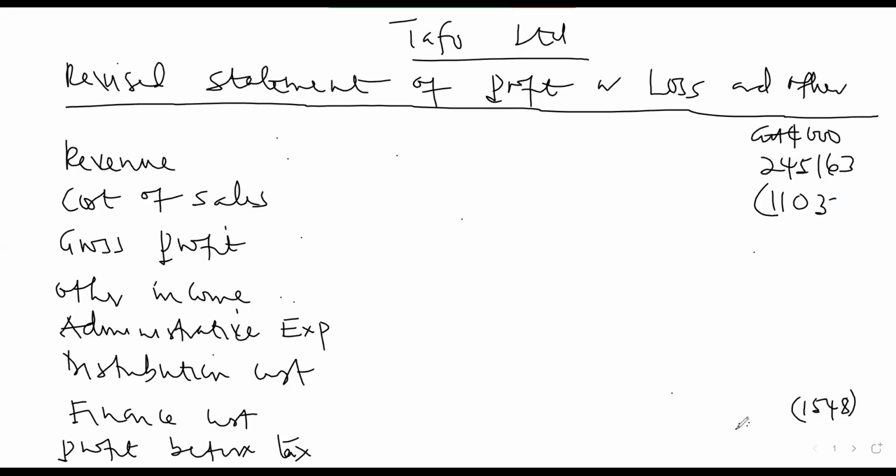Hello, sir. Yes, please. I thought the cost of sales, we added a translation loss to it. It was administrative expense. Oh, all the adjustments have gone to administrative expenses.